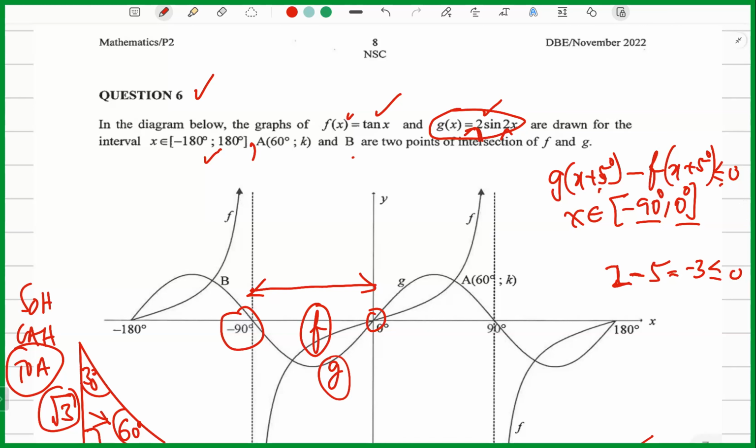Now you can really see here that g is below and f is above. So if you say the smaller one, the one below, minus the larger one, is less than or equal to 0, so you'll have a negative.